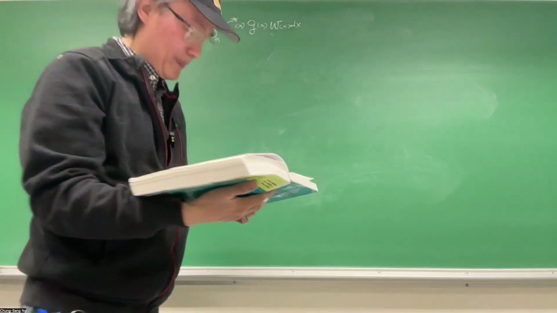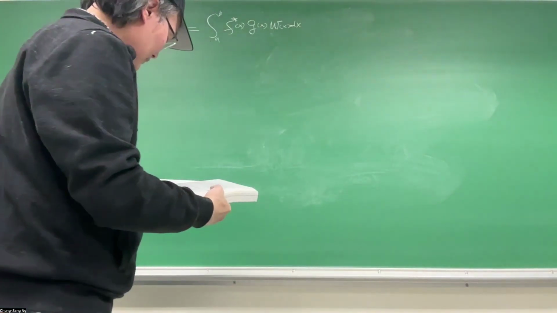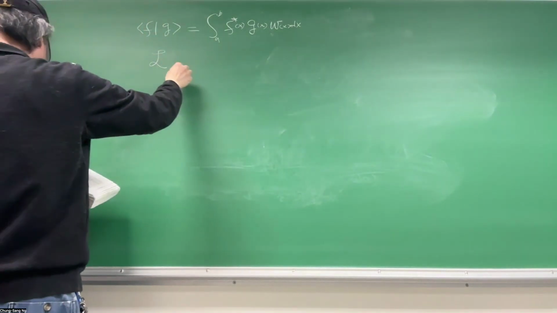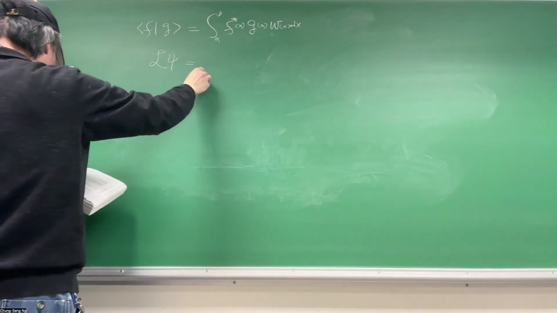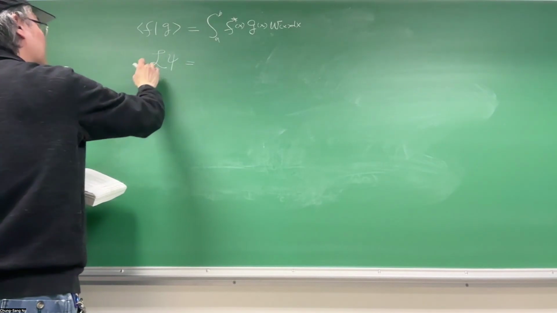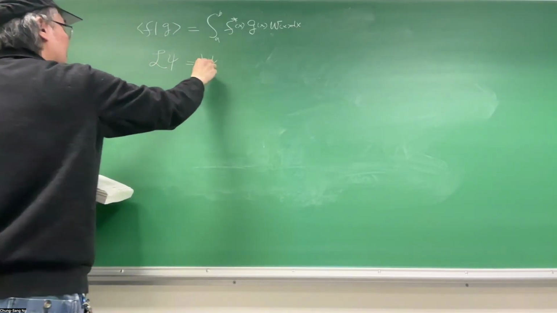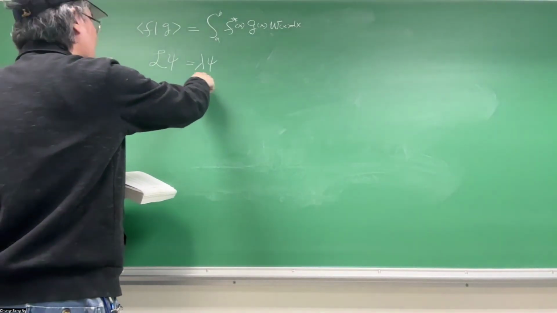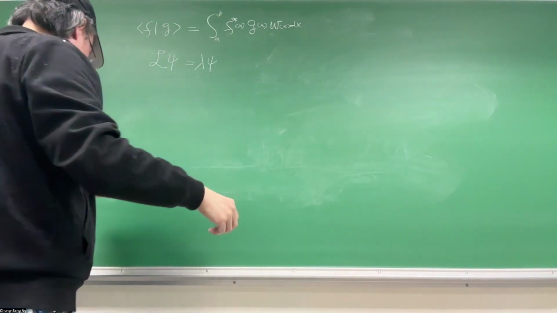Okay, and now for section 2, the form of your differential equation. The eigenvalue problem is L psi equals lambda psi, where lambda is the eigenvalue. We want to find the eigenfunction psi with eigenvalue lambda.